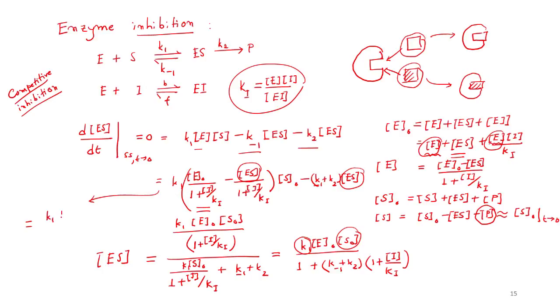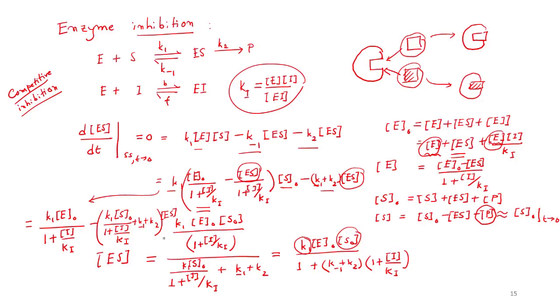It is K1 into E0 divided by 1 plus I divided by Ki, and then I'll have all the ES terms, but the first term of the ES also has K1 and S0, so it is K1 into S0 divided by 1 plus I by Ki, and then there is K minus 1 plus K2, multiplied by ES, and this is equal to the rearranged form.